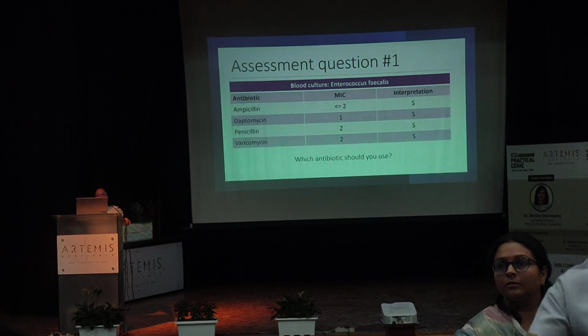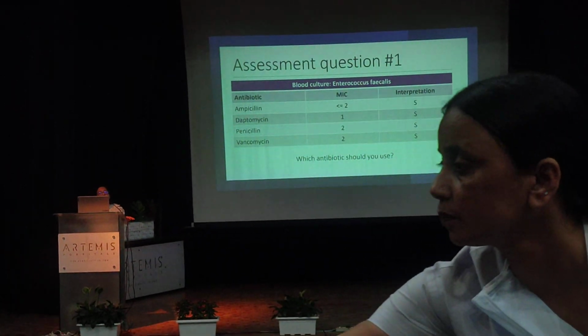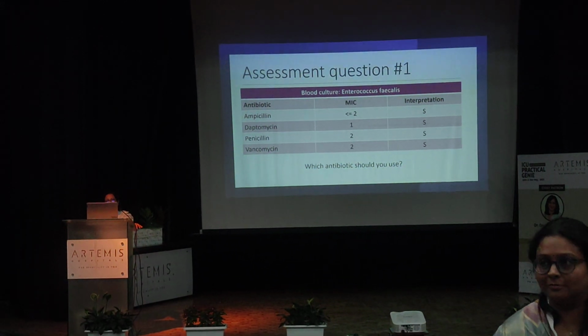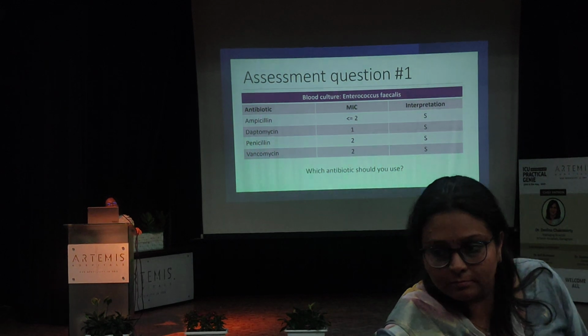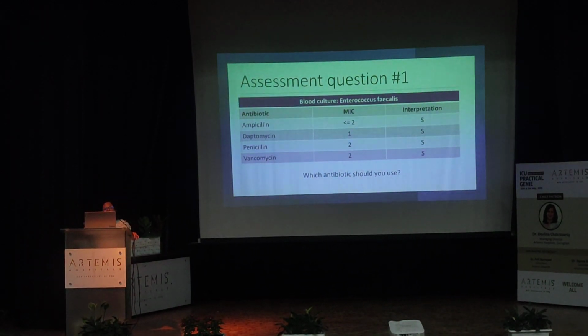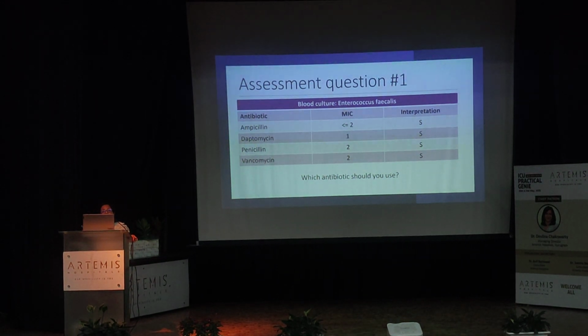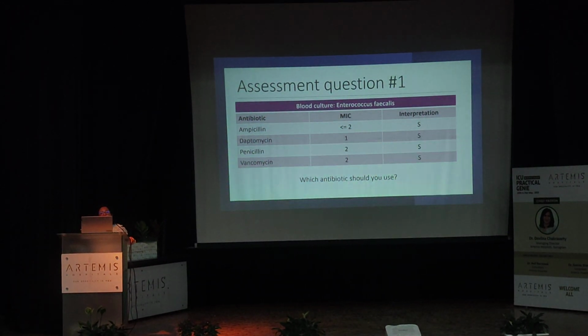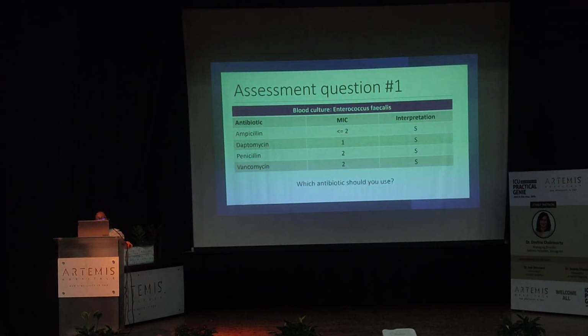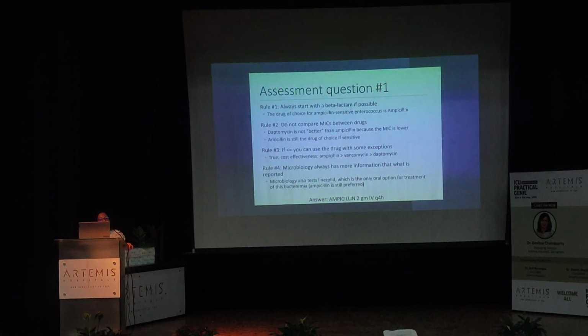It can be a contaminated sample. This is vancomycin sensitive Enterococcus, right? This is not vancomycin resistant. So my first step again, always start with beta lactams. Is there any sensitivity? Yes, ampicillin is sensitive, right? And ampicillin has good coverage for blood infections. So we will start with ampicillin.